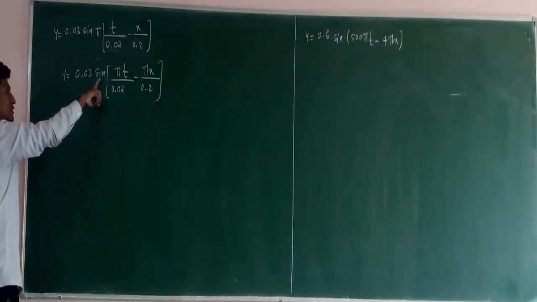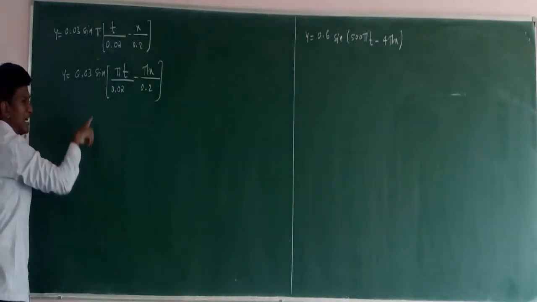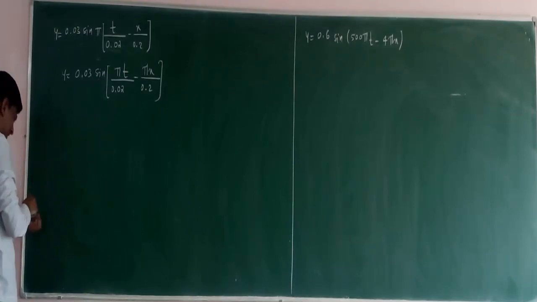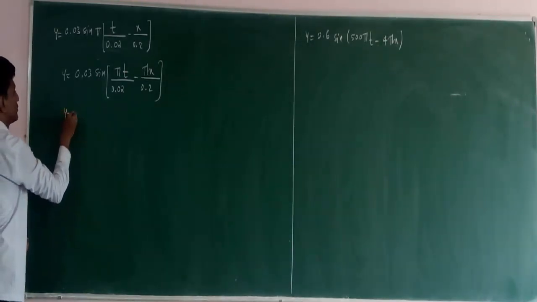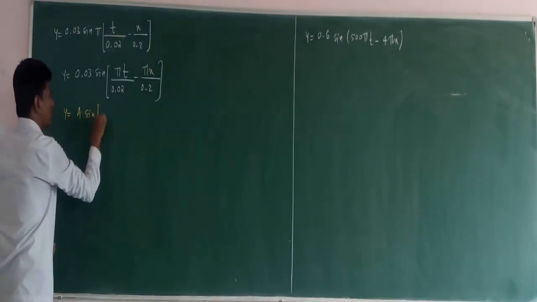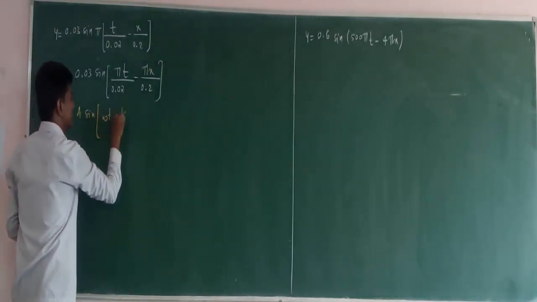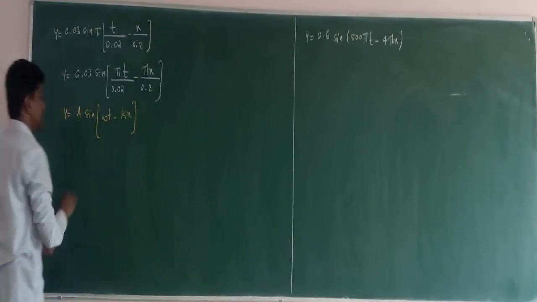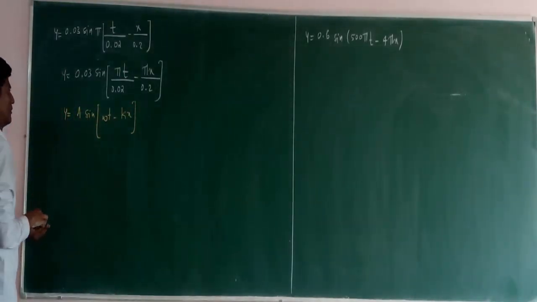Now you can compare this equation with the standard equation of a progressive wave, that is y is equal to a sin omega t minus kx.